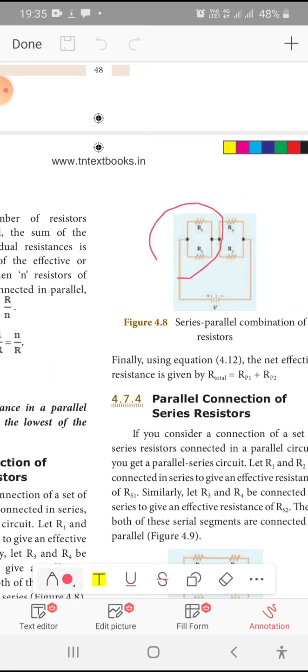In the first circuit, this is a small parallel loop: 1 by R1 plus 1 by R2. In the second circuit, this is another parallel one: 1 by R3 plus 1 by R4. So these are your parallel connections.